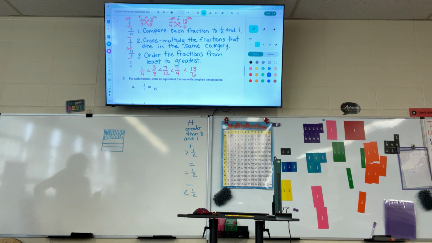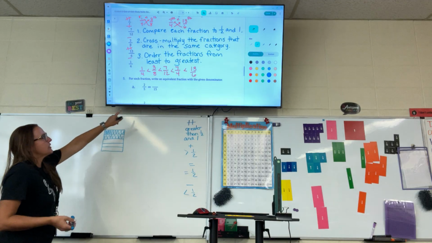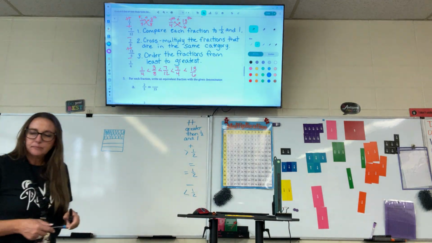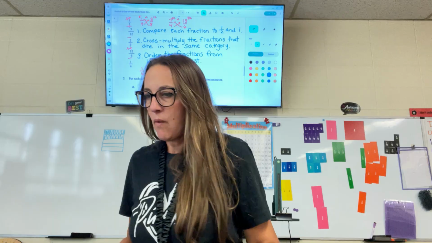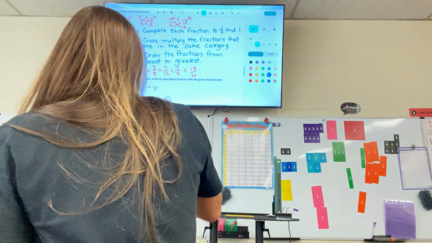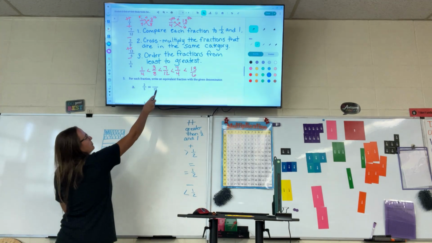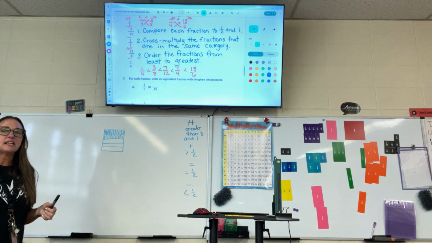The next one says for each fraction, write an equivalent fraction with the given denominator. So we start with 2/5. Do you see that? Do I have 2/5 shaded? What do I have to multiply 5 times to get 15?